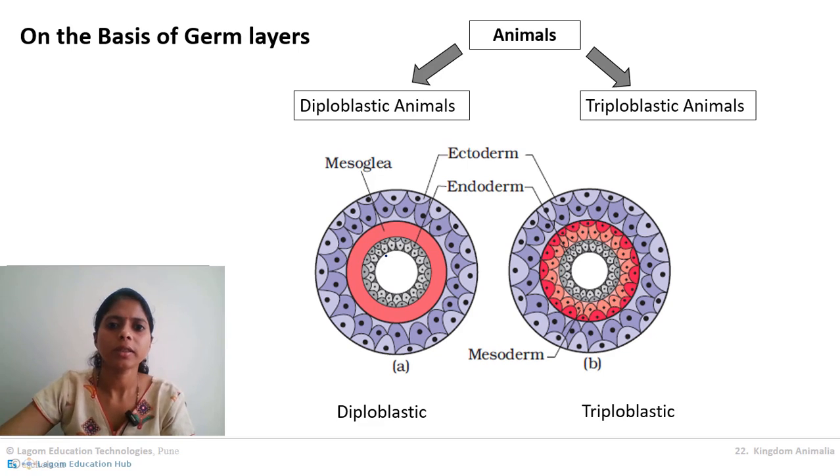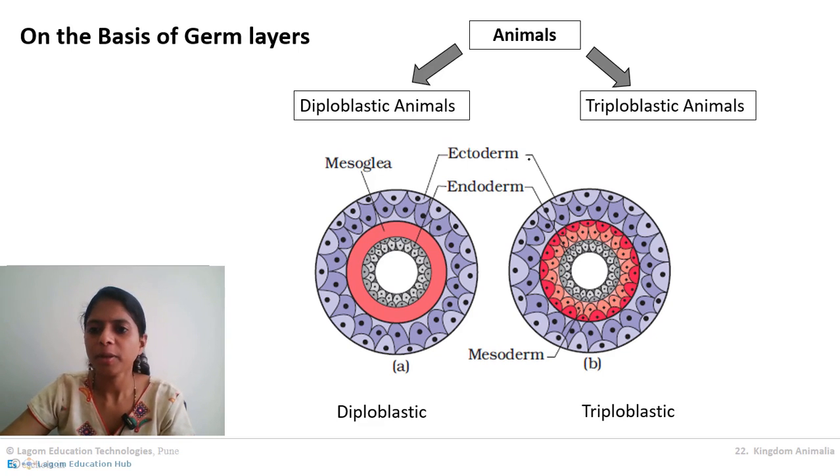Let us concentrate on triploblastic first, because you know all the germ layers. Tri means three, and blastic means layer. So the animals with all three germ layers are triploblastic.